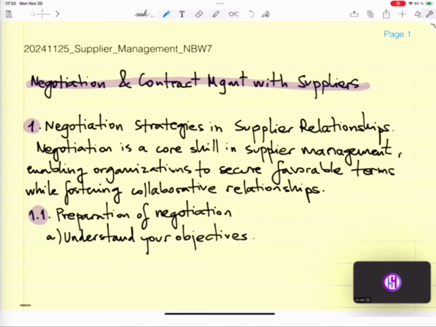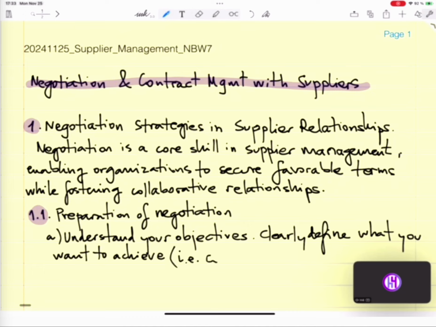Clearly define what you want to achieve. Let's call it cost reduction, or quality improvement, or improved lead time. Whatever you want to achieve.